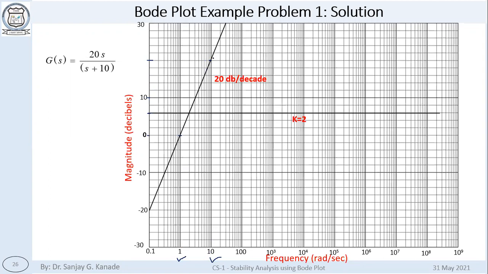You can connect these two points, and that would be your 20 dB per decade line. We have drawn this for the s in the numerator.